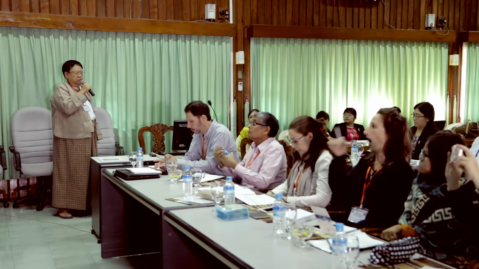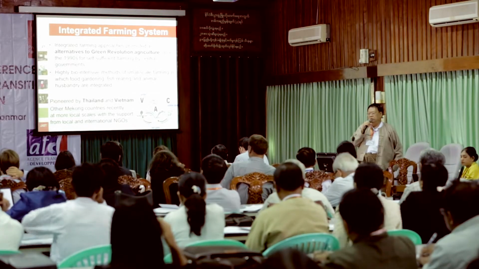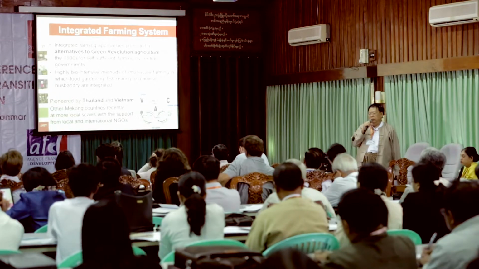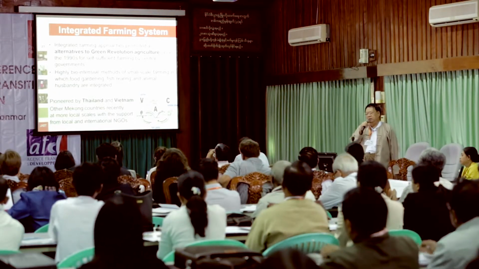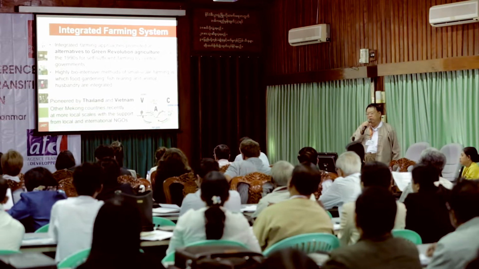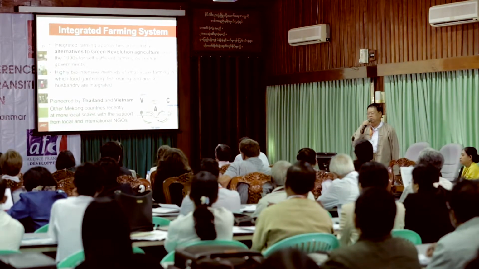Another set is the integrated farming system. This approach has been promoted as an alternative to green revolution agriculture since the 1990s for the self-sufficient farming by central governments. It is a highly bio-intensive method of small-scale farming in which food gardening, fish rearing and animal husbandry are integrated.